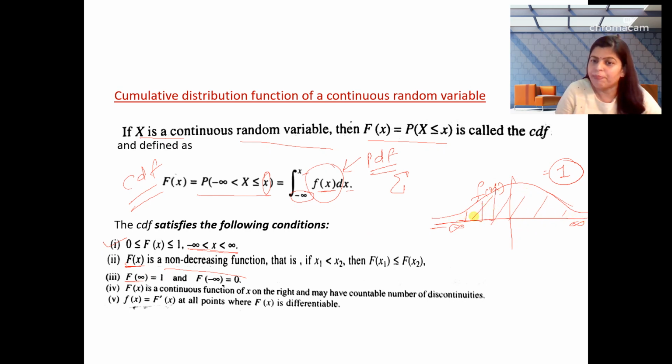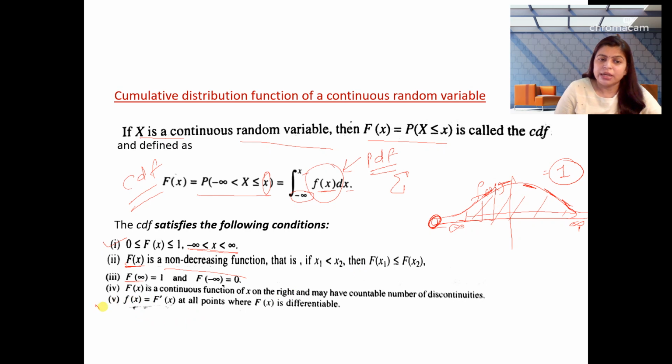Okay, so the complete area gives us 1, and the CDF at minus infinity is 0 basically here. Okay, and Fx is a continuous function of x on the right hand side and may have a countable number of discontinuities. That means it is not necessary that you will always get a continuous function. You may get a discontinuous function, but it should be finitely divided.